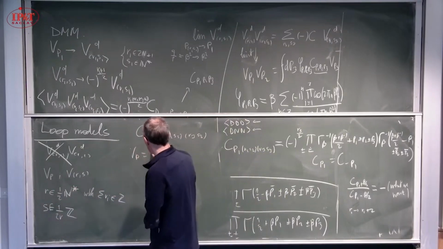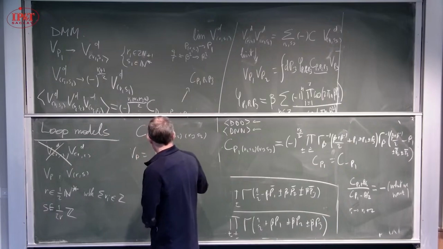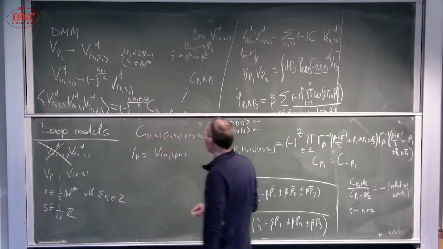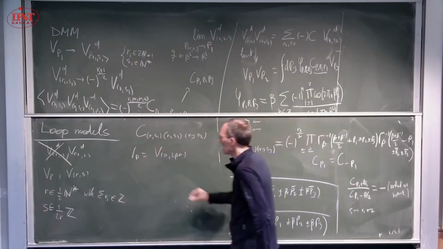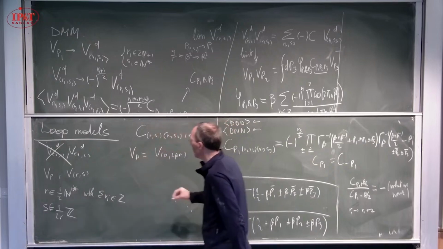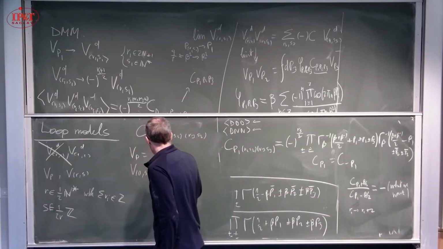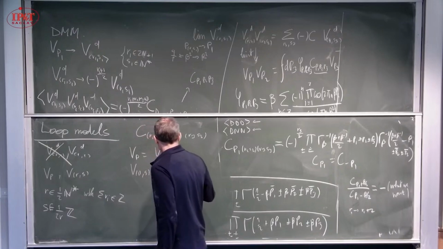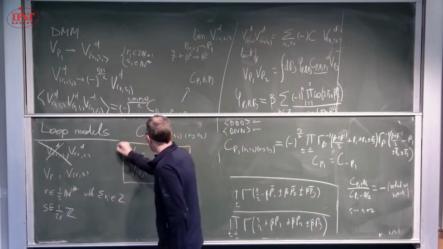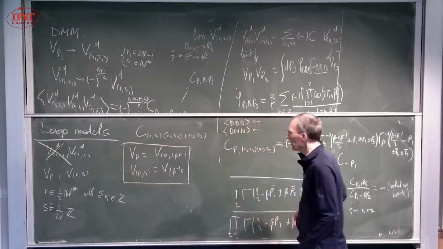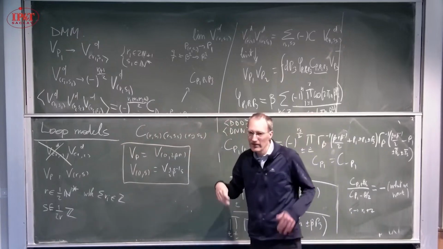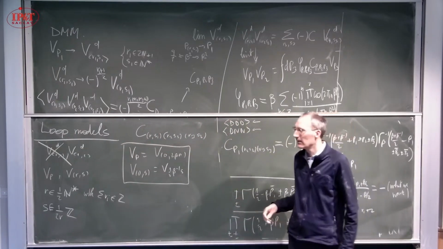So V_P, if you want, is the same as V_0 with beta P, or equivalently V_0S, or V_1/2 with beta minus 1 S. So let's forget about diagonal fields since they will be included in the general case.